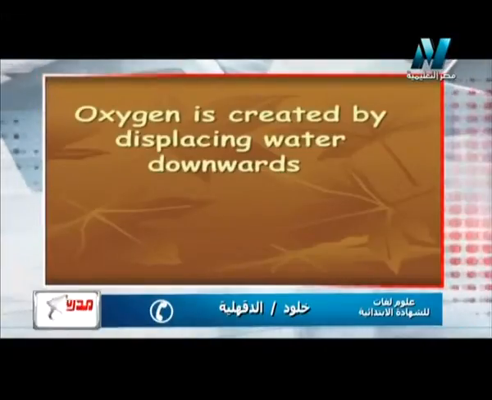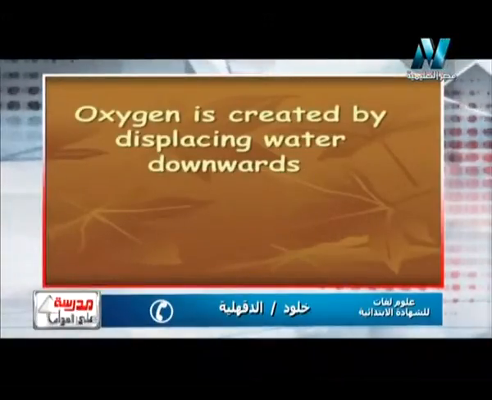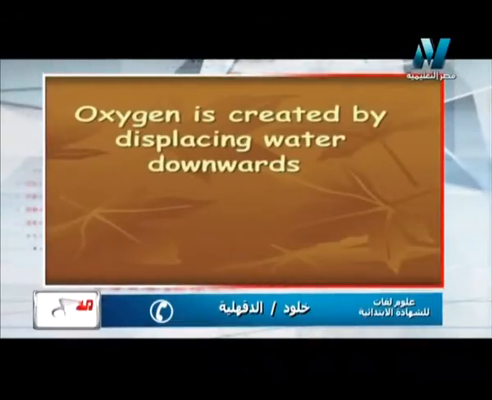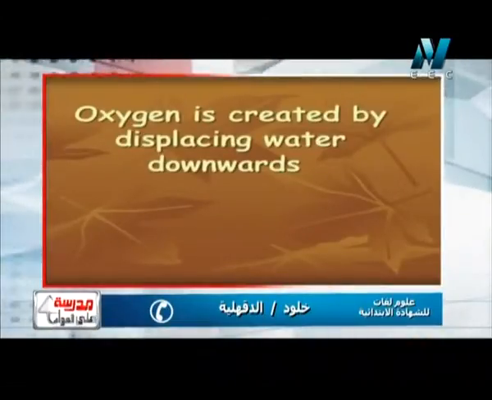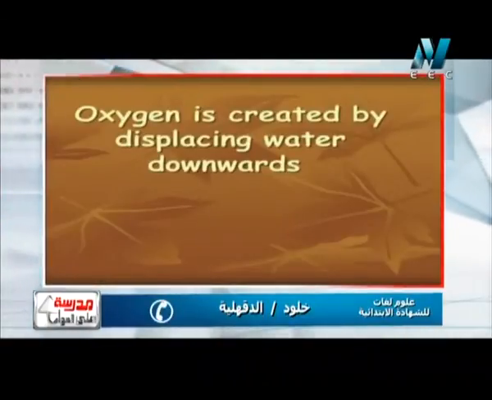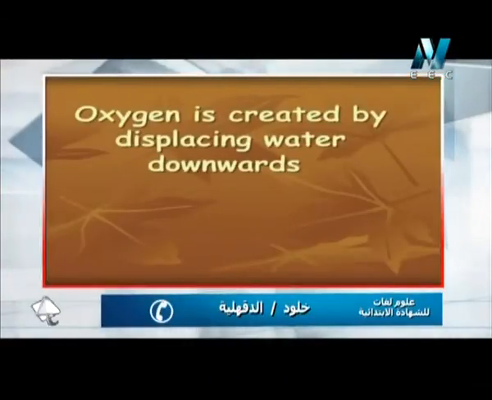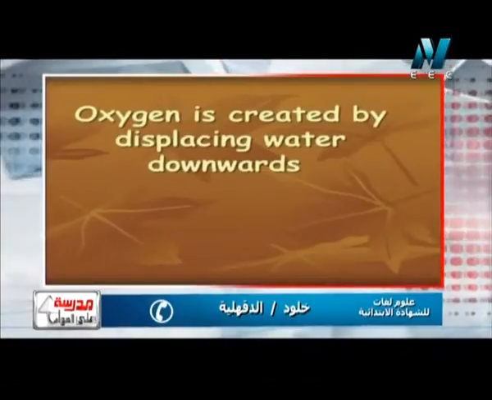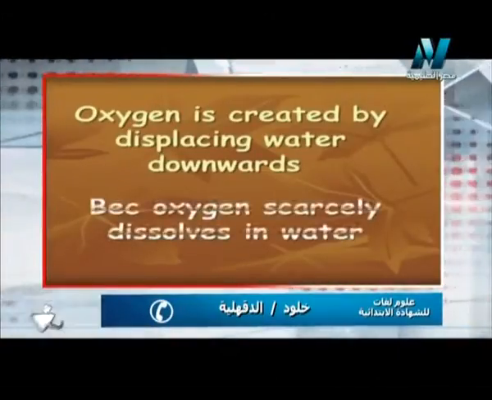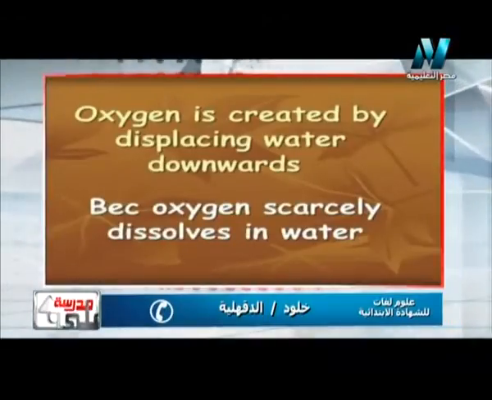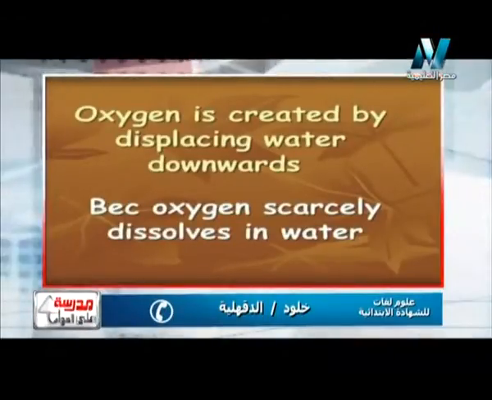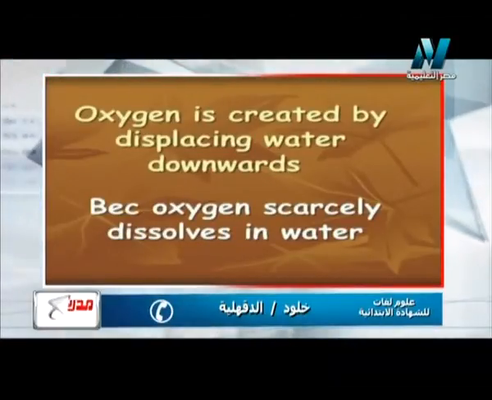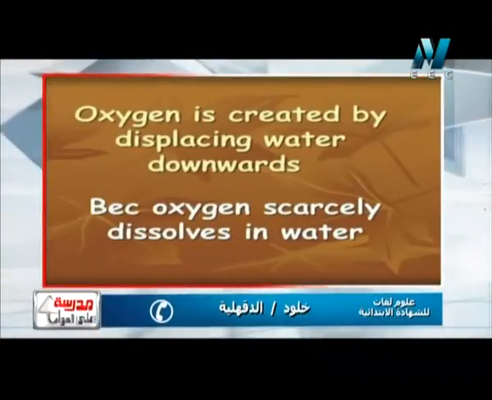Because oxygen doesn't dissolve in water, because oxygen is scarcely dissolved in water. So the answer is: we can collect oxygen in the lab by displacing water downward because oxygen is scarcely dissolved in water.